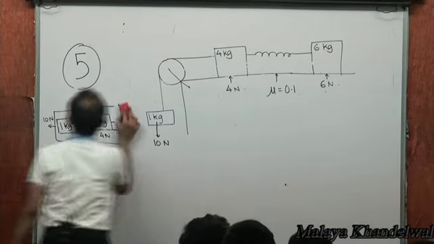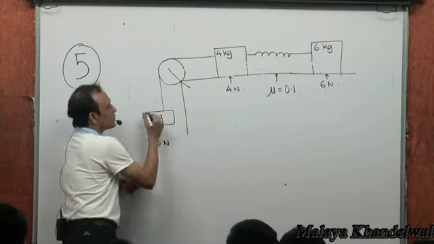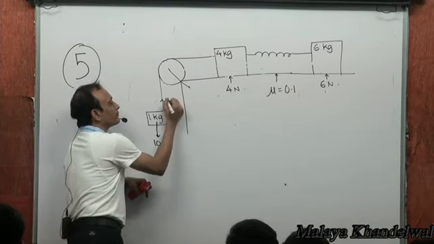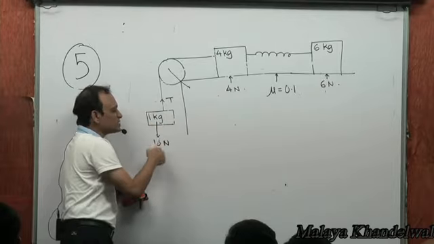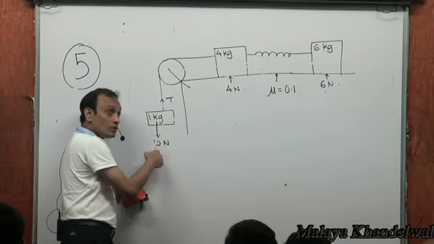Equilibrium means, so initially this is moved leftwards, spring has elongated, and while spring has got elongated, let's say at some instant when this has acquired equilibrium. For equilibrium, this is the summary of all forces acting on this. What happens in equilibrium? T must become equal to 10 newtons.